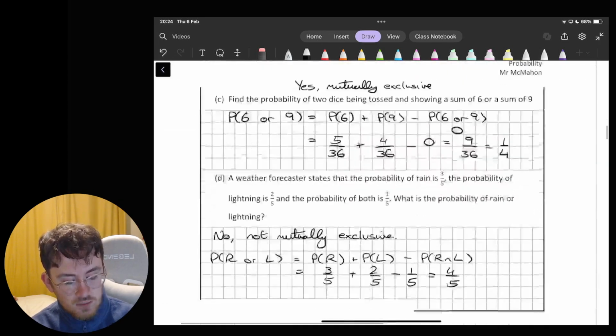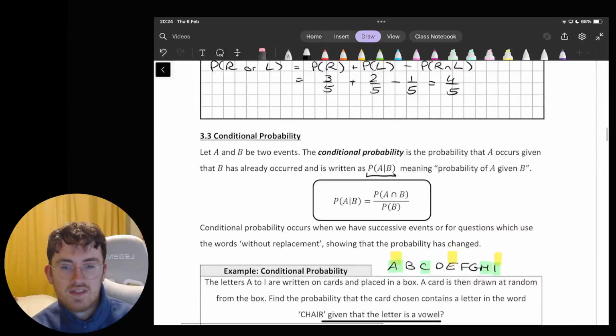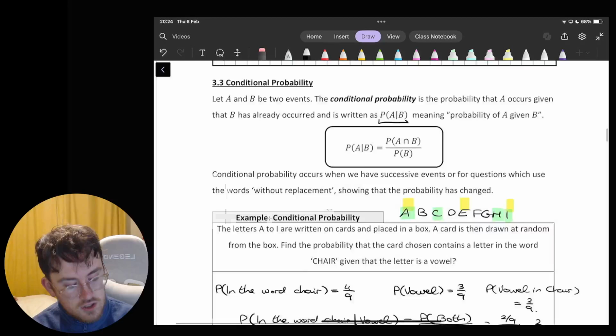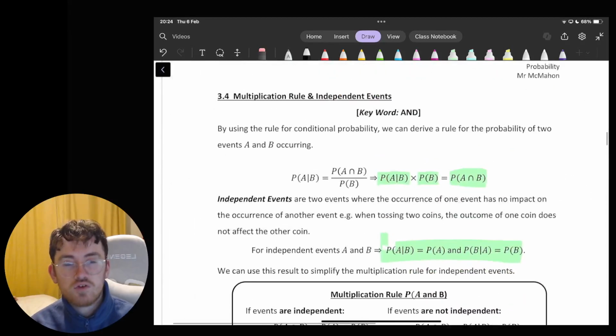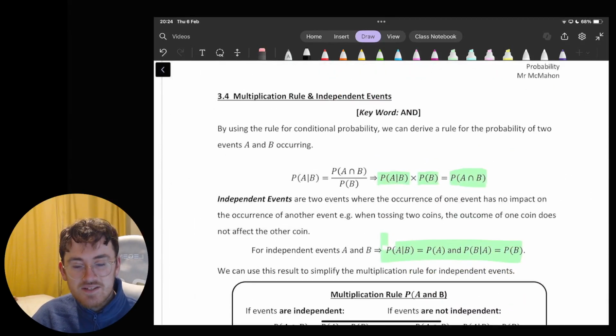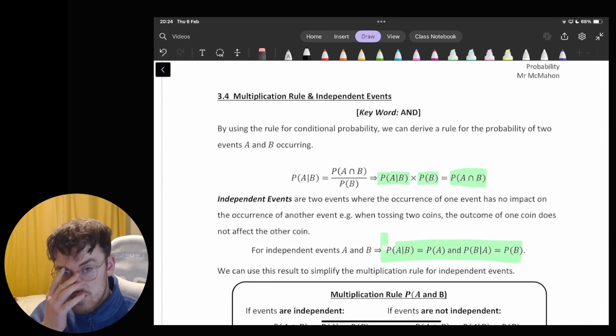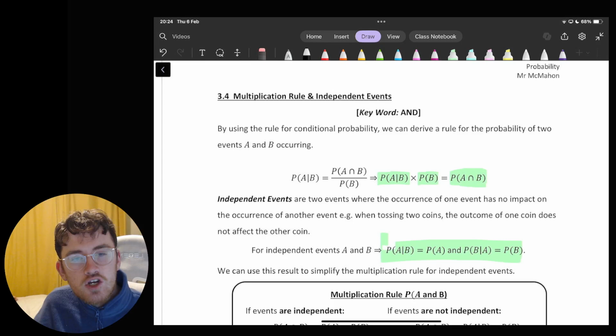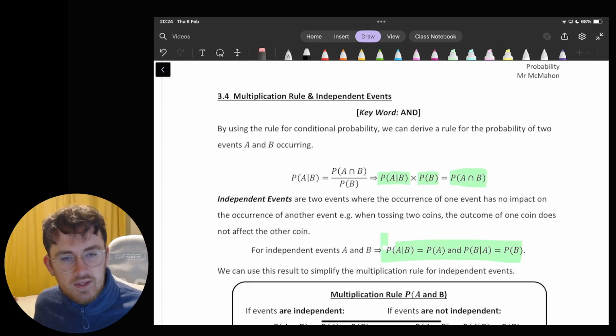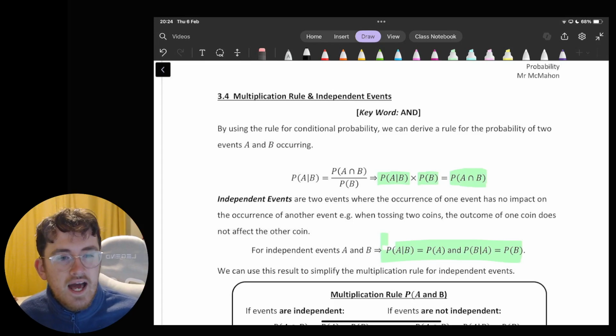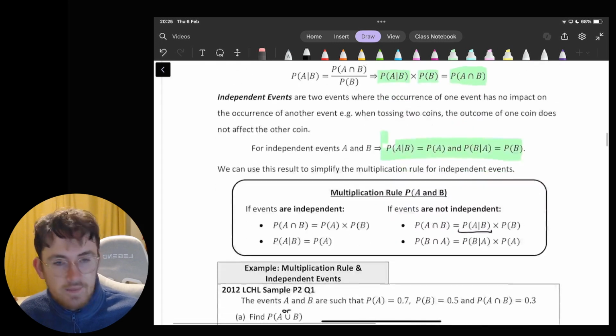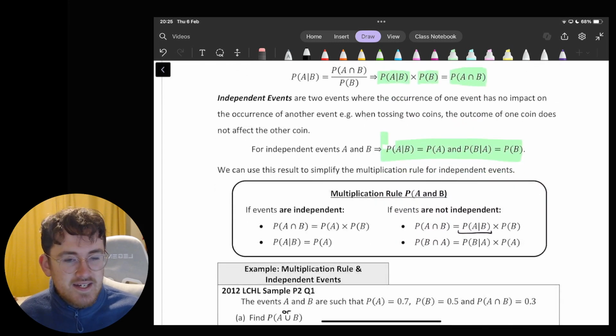Then looking at conditional probability and the rule that goes with it, and being able to use that rule. And then your multiplication rule, recognizing the word and. If we use the word and for events, that's usually going to be multiplication, and knowing when we can use the multiplication of the two events as normal, and when we need to consider the conditional probability, considering whether they're independent events or not independent events.